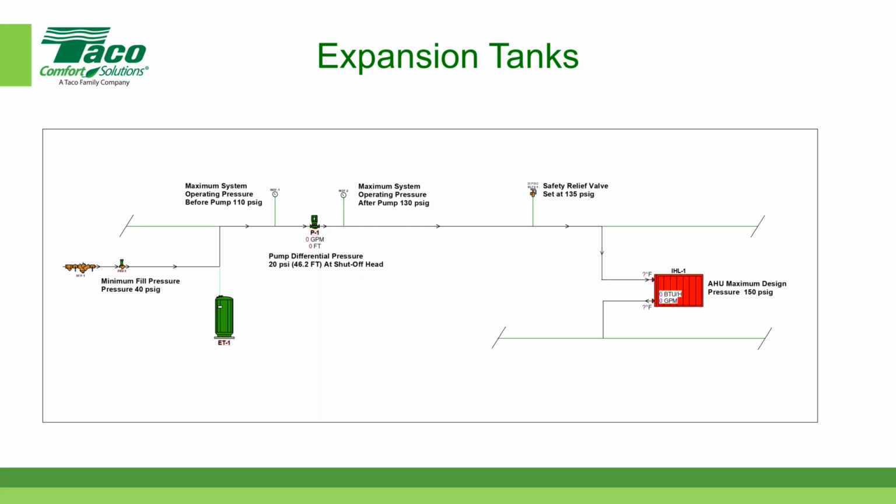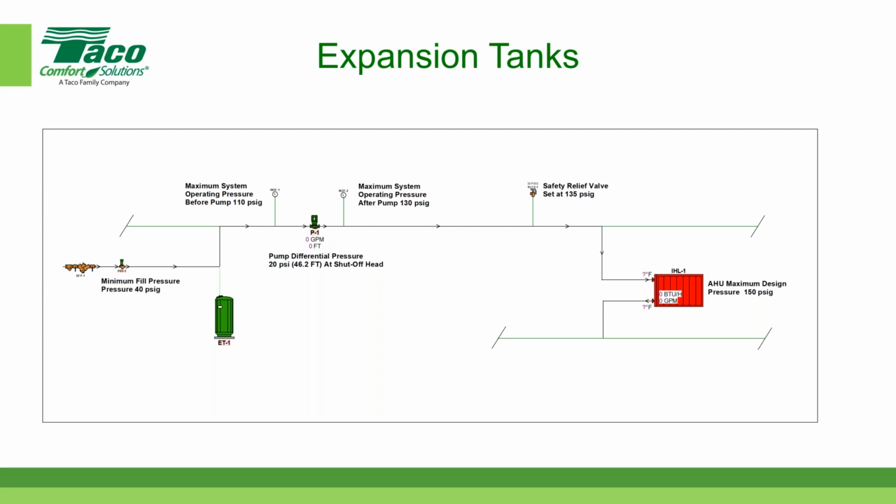located almost anywhere in the system, but in most cases, it's probably attached to the system shortly after the pump, or in some cases, it might be physically connected to, for example, a boiler, which will have a relief valve. If there is a heat exchanger in the system, in this case, we have an air handling unit, a conventional sort of heating coil.